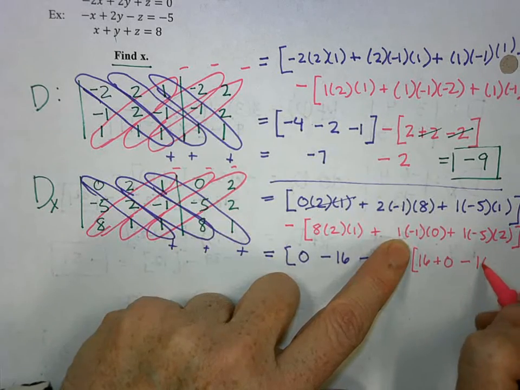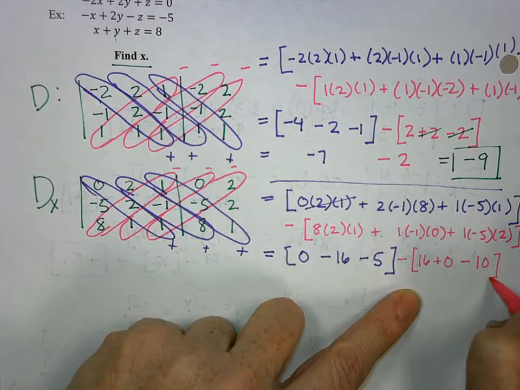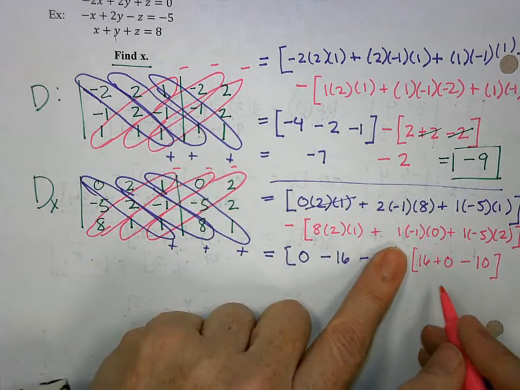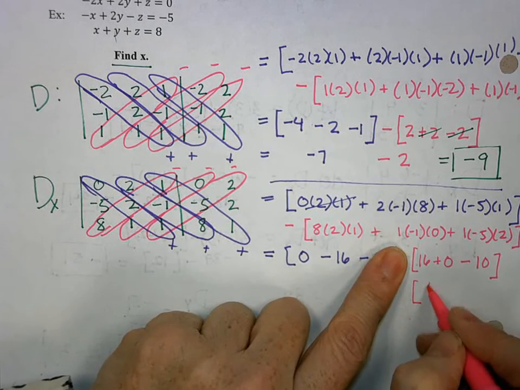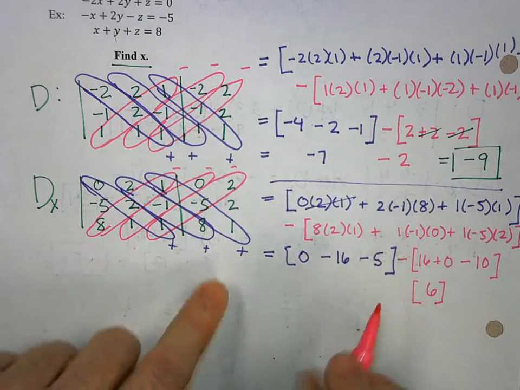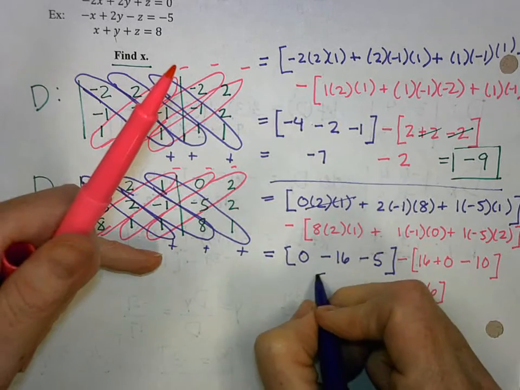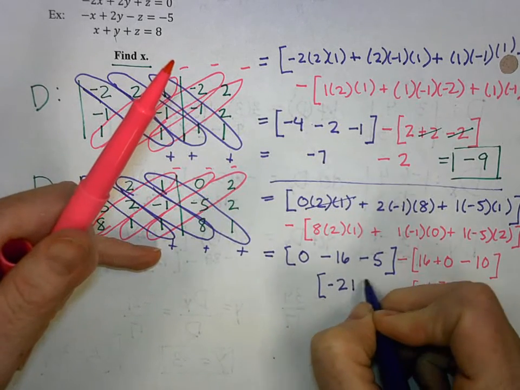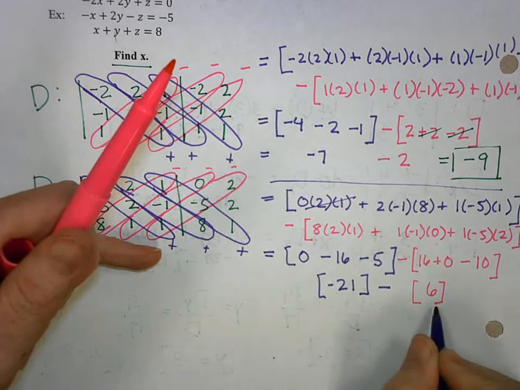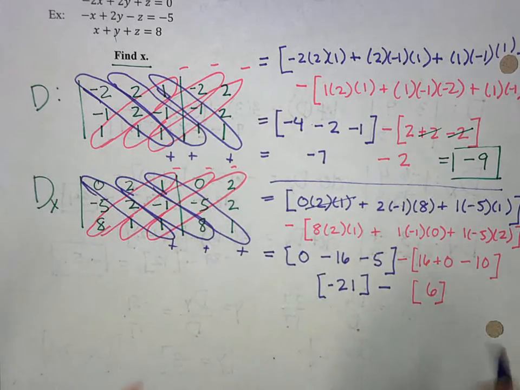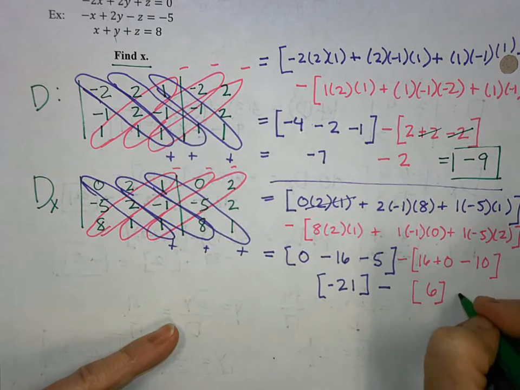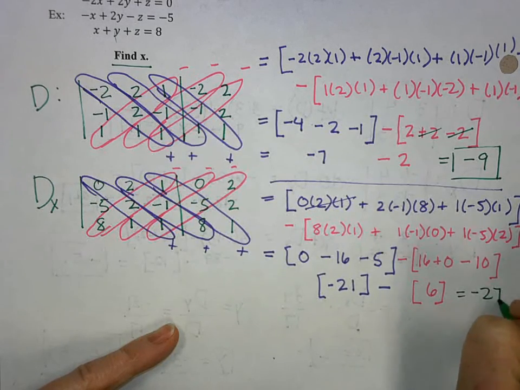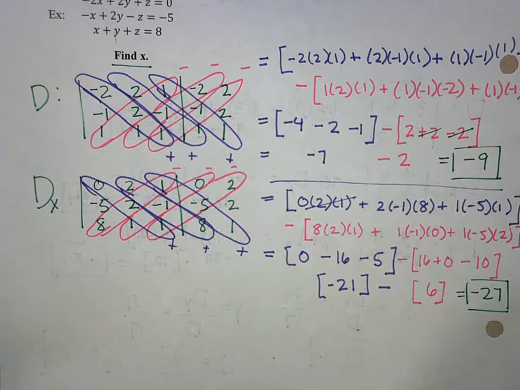This is 16 plus 0 minus 10, because -5 times 2. Okay, so this whole piece is going to be +6. This piece is going to be -21 minus this piece, which gives me a final answer of -27.